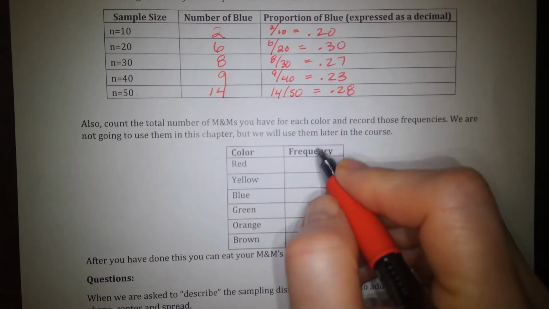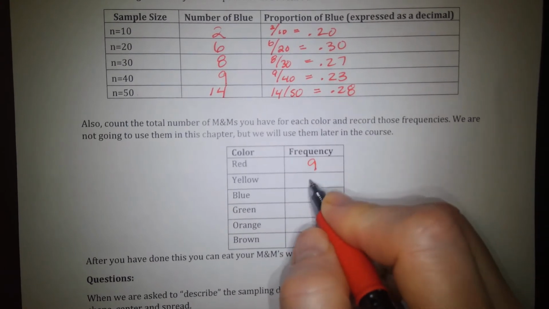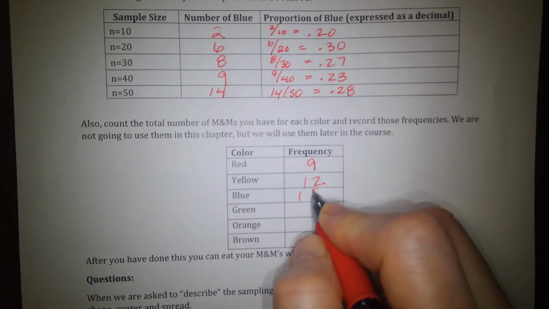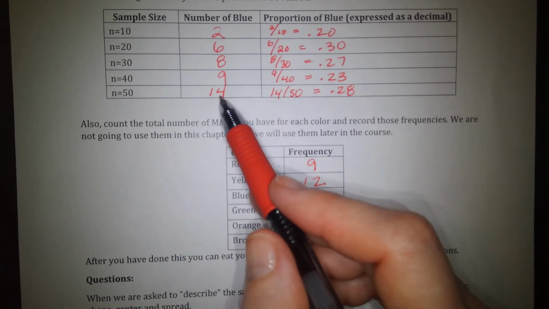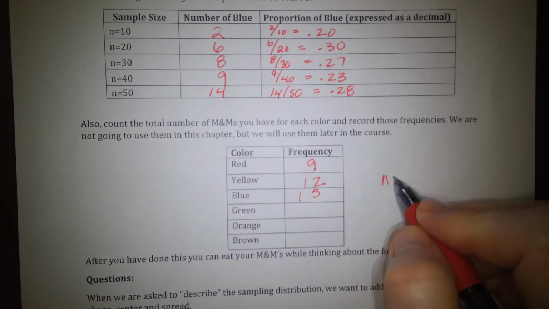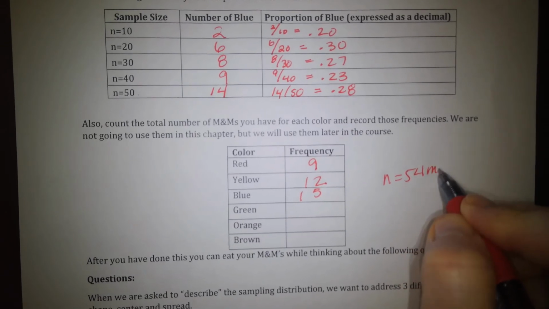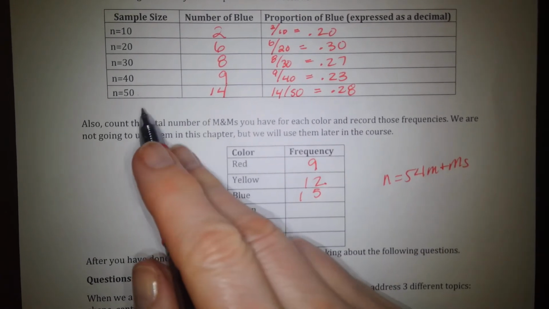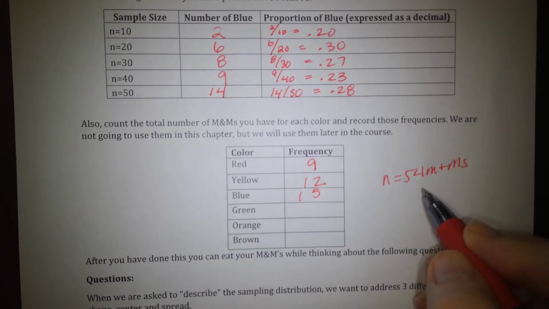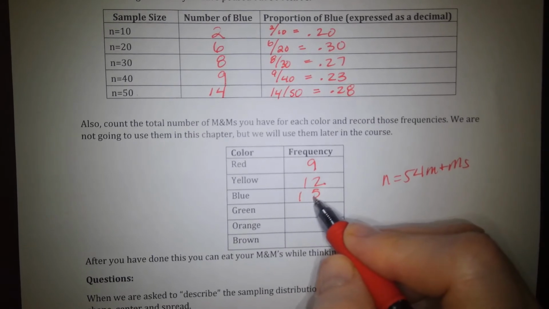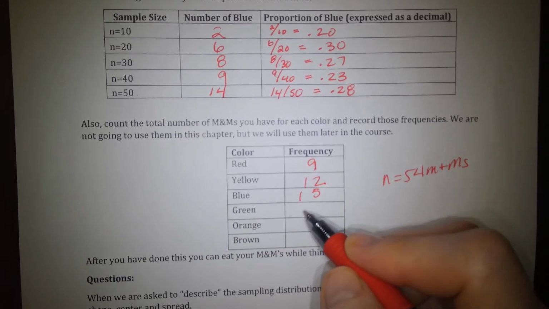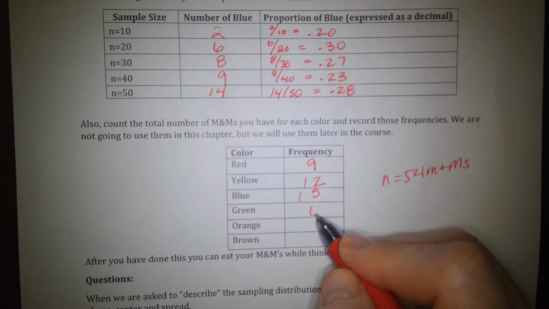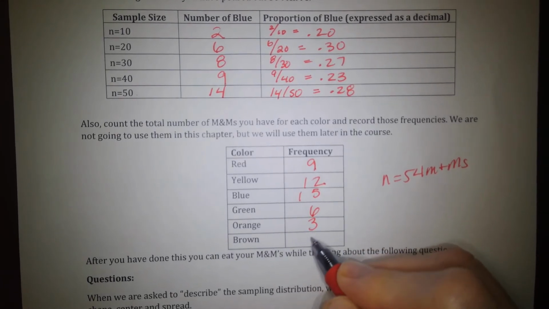In my particular bag, I had 9 red, 12 yellow, 15 blue, and you'll see that it doesn't match the 14 because I had 54 M&Ms total. Remember, I only went up to 50. I had 4 extra M&Ms. There must have been a blue in that extra. I had 6 green, 3 orange, and 9 brown.